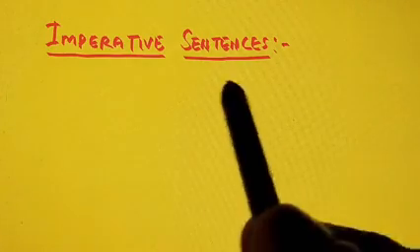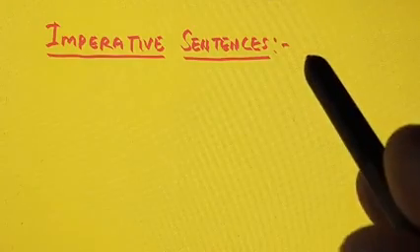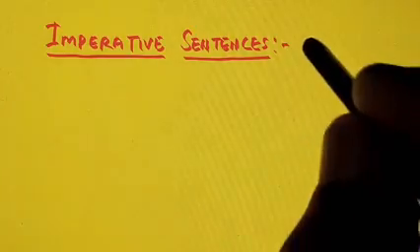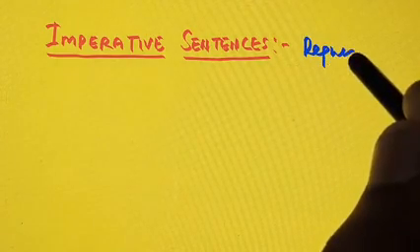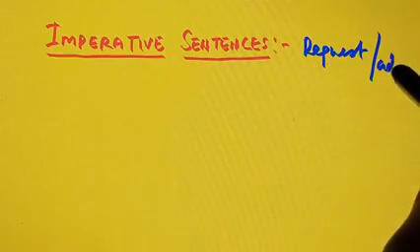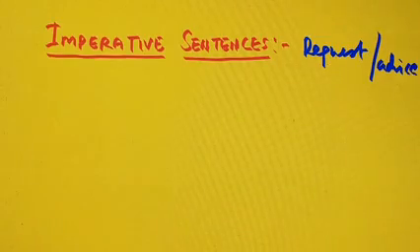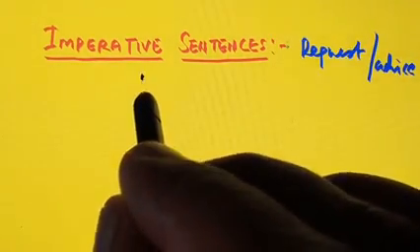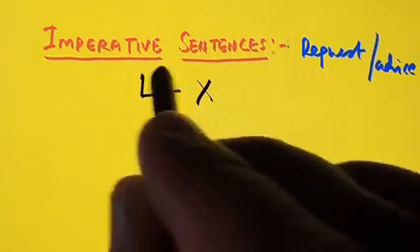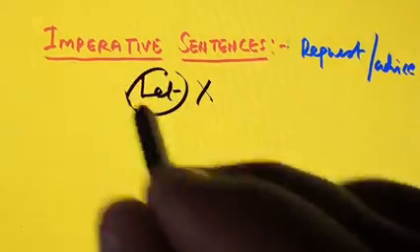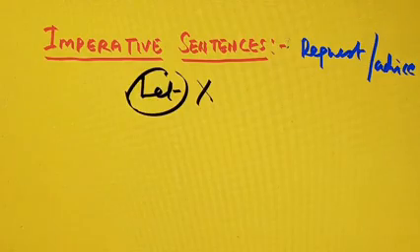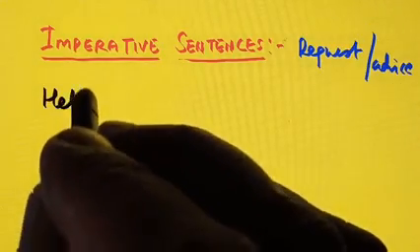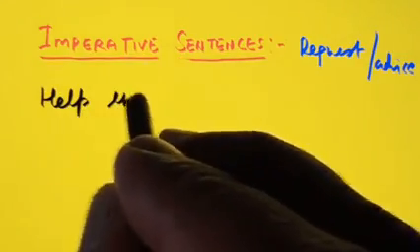However, if in imperative sentences there is a sense of request or advice, then we will not begin the sentence with let. There will be no use of let in such sentences. For example, help the poor.